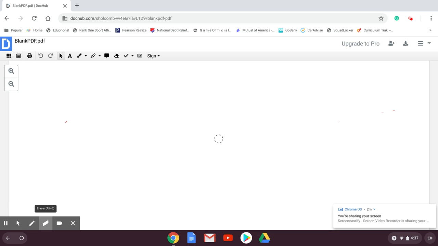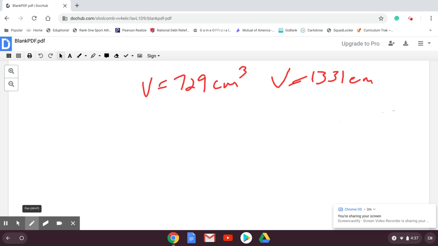So I'll try to answer those questions before they're even asked. For example, if you've got two shapes that you know are similar, the volume of one is 729 centimeters cubed, and the volume of the other is 1331 centimeters cubed.